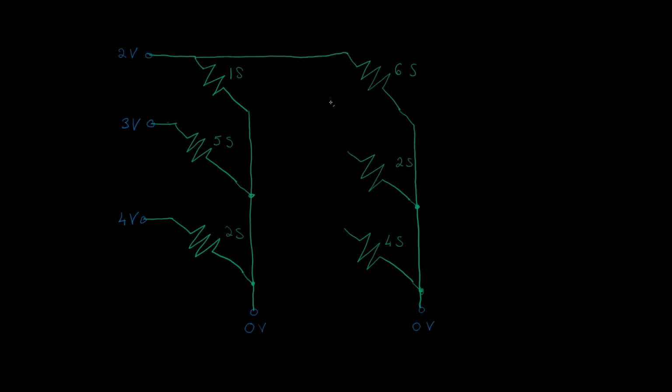Because we don't have any elements in between here, all of these segments here are at 2 volts. Here we have 0 volts, and so on. So on the left, for these 2 elements, we have a potential of 2 volts, and on the right of 0 volts.